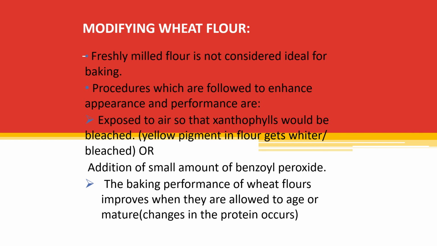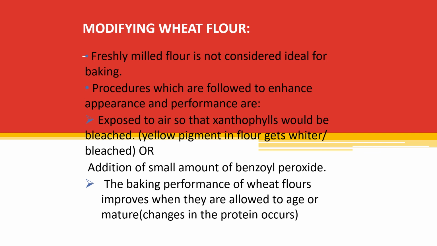There are some procedures which may be done on wheat flour through which it can be made acceptable to some extent in appearance and maybe to some extent in performance.